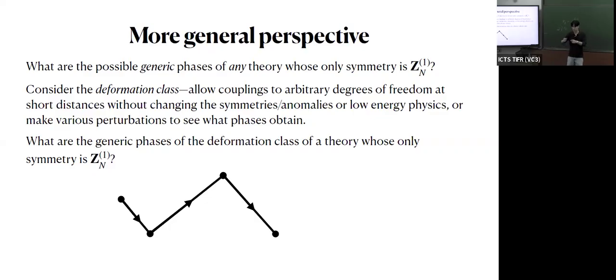This is broader than just tuning parameters in a theory. There are two distinct operations. One is where you couple to short distance degrees of freedom such that you don't change the low energy physics. The other is by varying parameters, and that will change the low energy physics. So there are two kinds of operations you're allowed to do, and any combination of these two operations will fill out the deformation class. That's the idea.